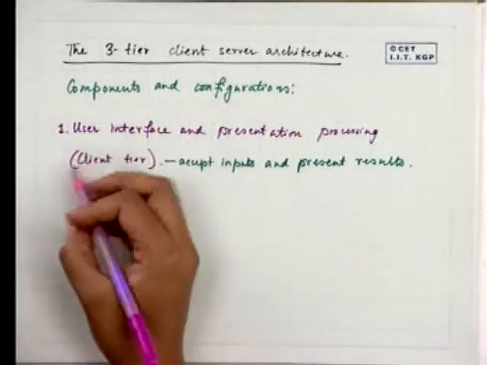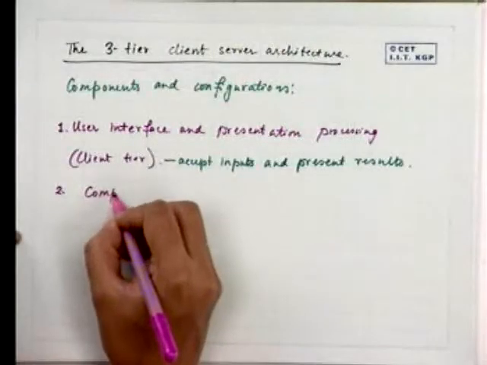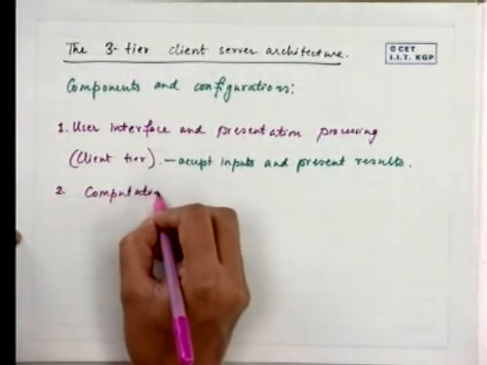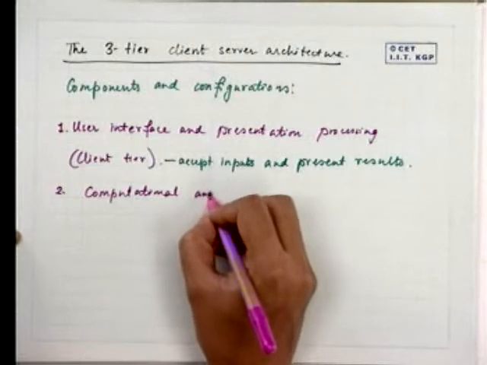Second, we have the application tier, which deals with computation and functional processing.